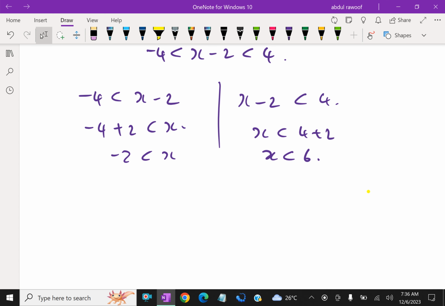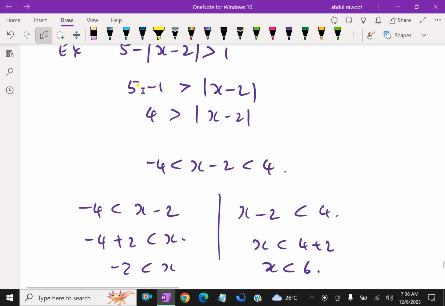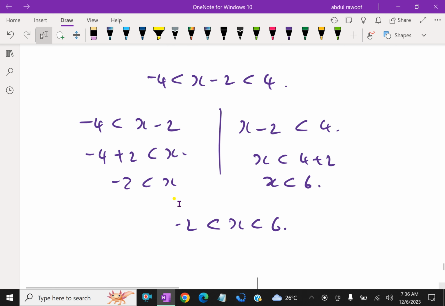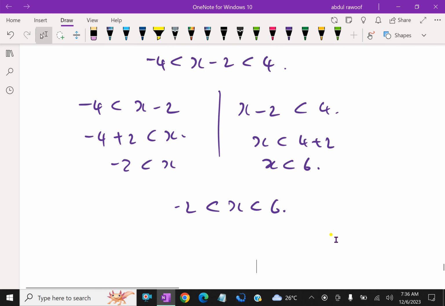So in general we can write x is greater than minus 2 and lesser than 6. This is the solution set for this inequality, 5 minus absolute value of x minus 2 is greater than 1, which gives these values.